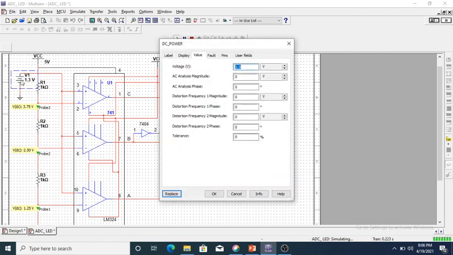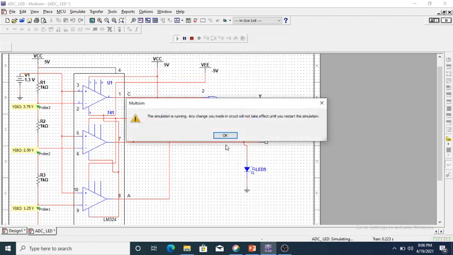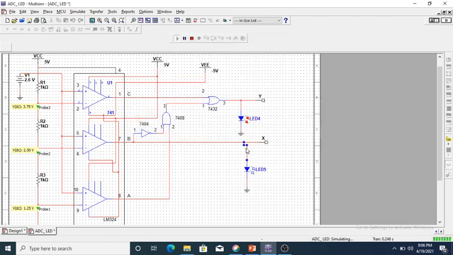If my input is greater than 2.5, let us say 2.60, then for that we have to disconnect this LED because it creates a loading effect, so that we can verify it. Y is 0 and X will be 1, so we will get 1, 0.